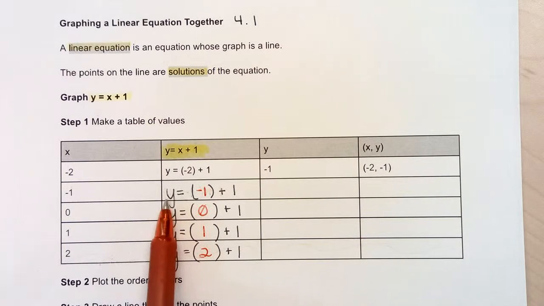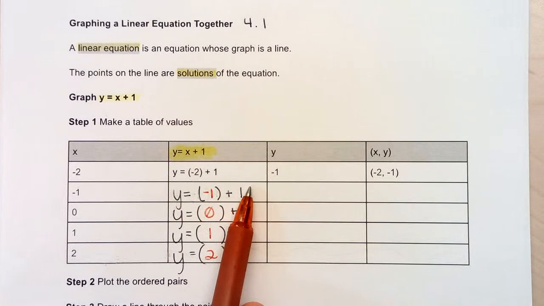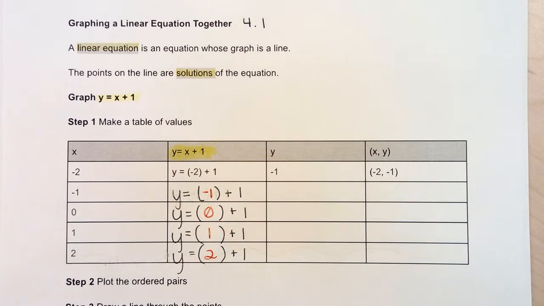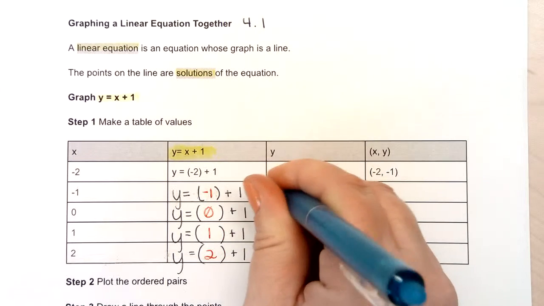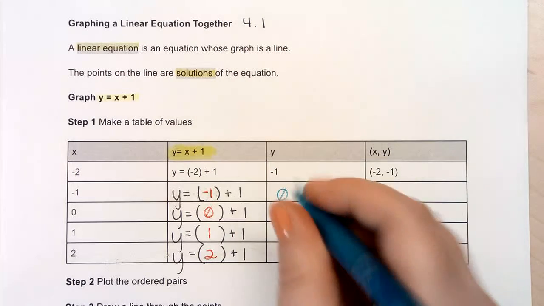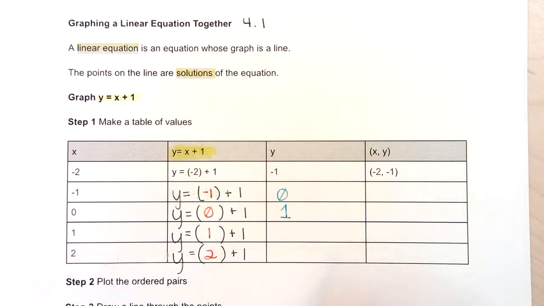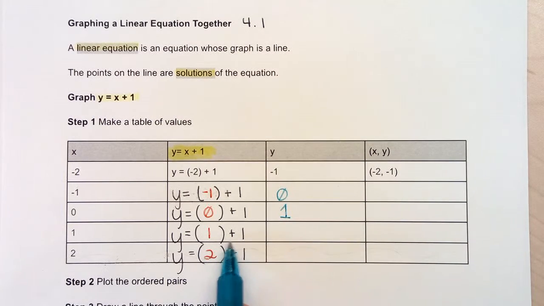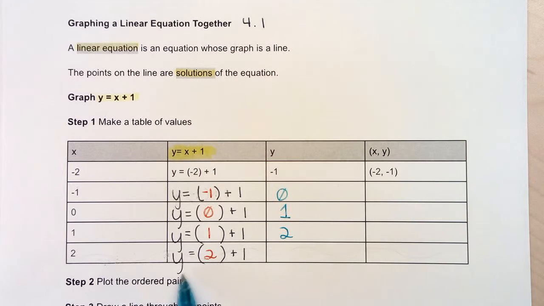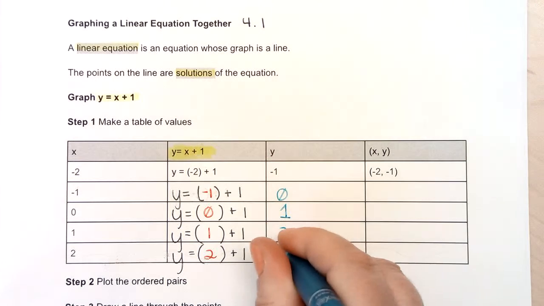And now I'm going to do the math calculations. So -1 plus 1 is 0. 0 plus 1 is 1. 1 plus 1 is 2. And 2 plus 1 is 3.